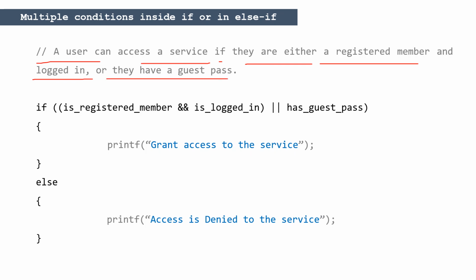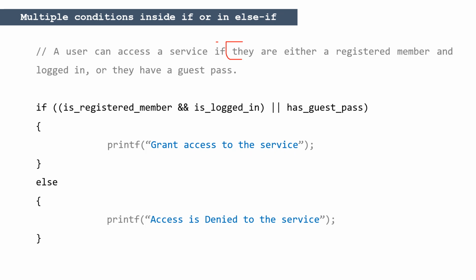So two conditions are joined with AND: the first condition is registered member, and the second condition is logged in. And OR, indicated by double vertical bars, or they have a guest pass. So you have to write such a condition.